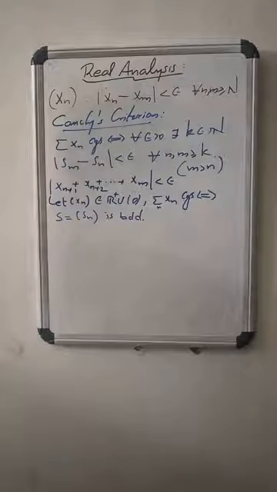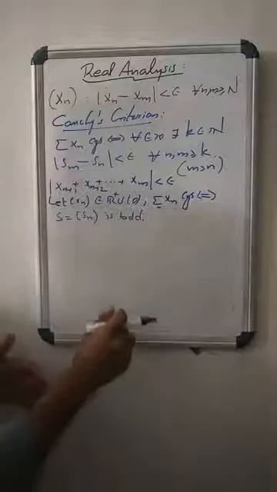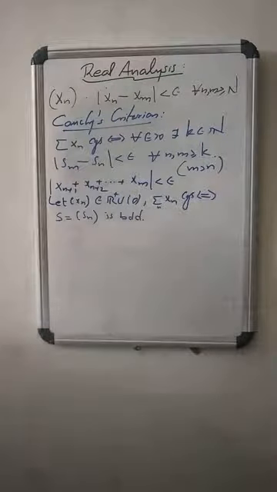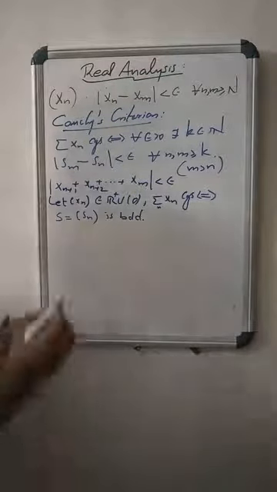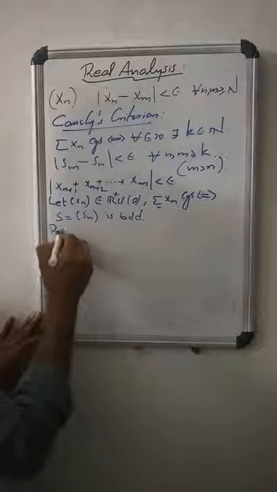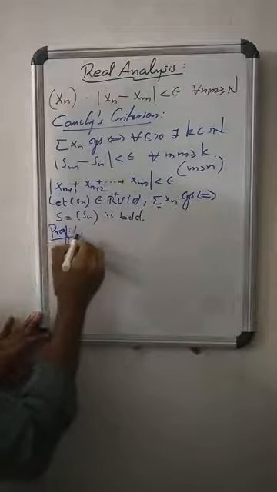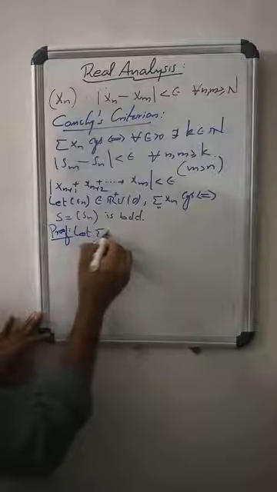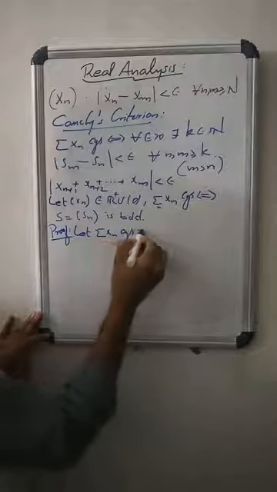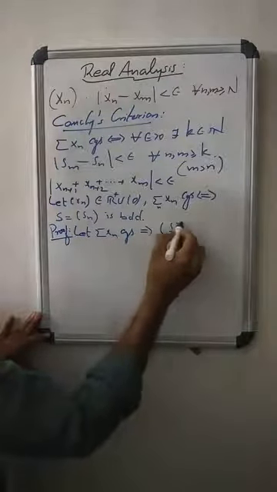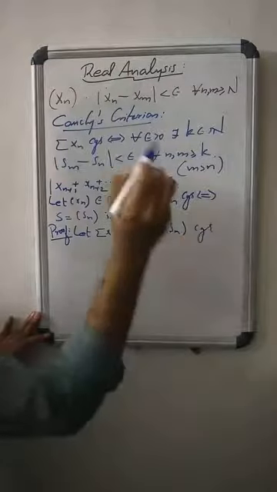How do we prove this? Before going to that, how to prove this one? We want sigma xn converges. Let sigma xn converge. Sigma xn converges means its partial sum Sn also converges. We know that.